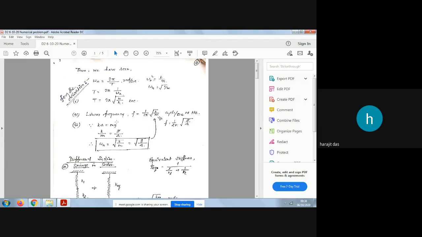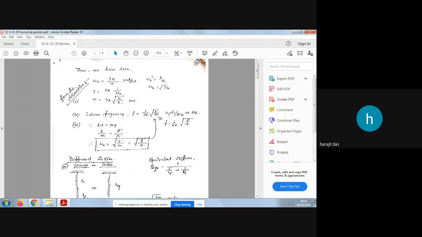We have discussed this phenomenon in the last lecture. If you rearrange this term, k by m will be equal to g by delta. So instead of k by m, you can write g by delta in some of the problems. Here g is the acceleration due to gravity, and if the value is not given, you have to take 9.81.